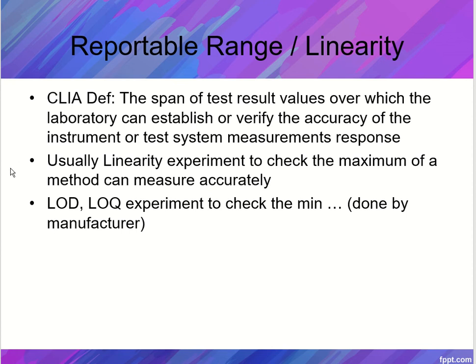So usually the linearity experiment is to check the maximum that a method can measure accurately, while the minimum that the method can measure accurately is determined using the limit of detection or limit of quantification experiment. It is done by the manufacturer.